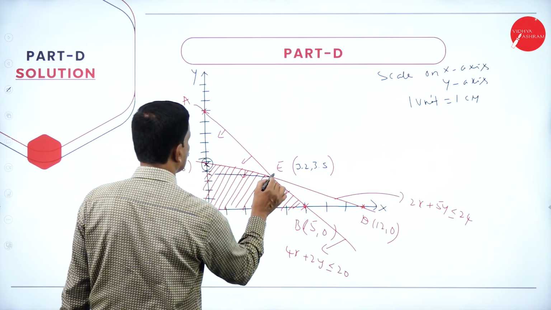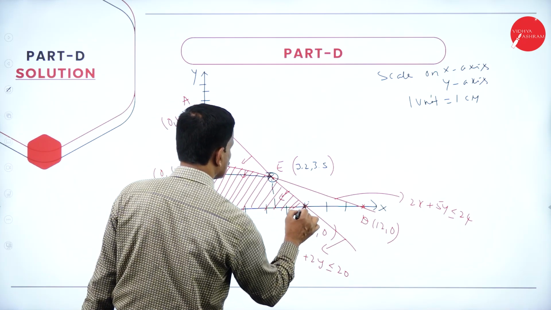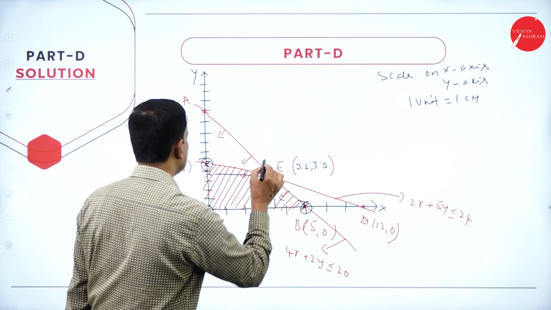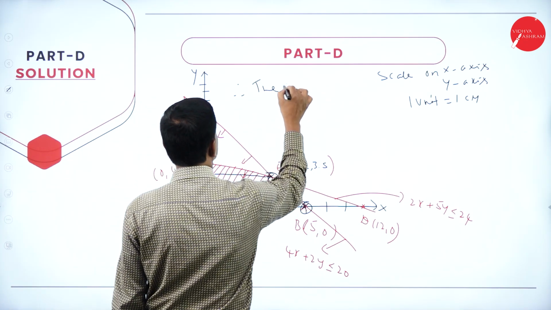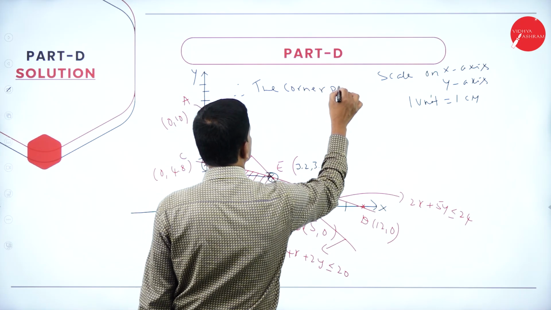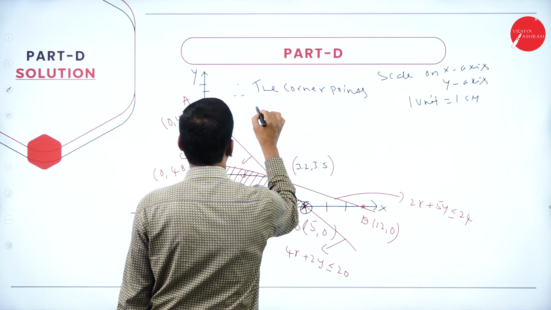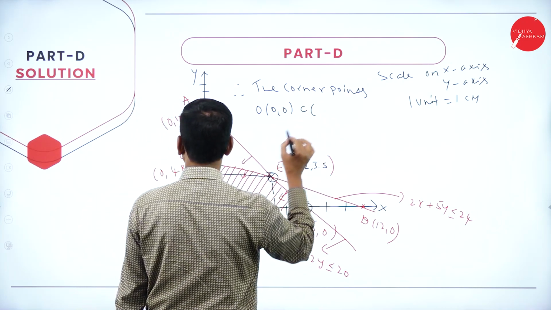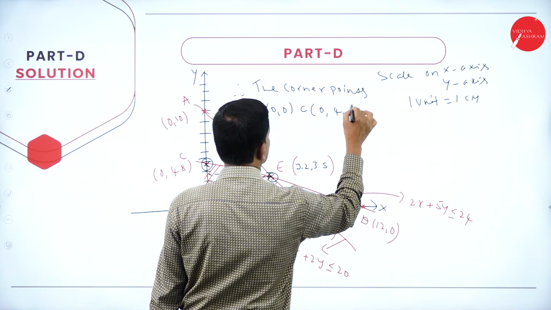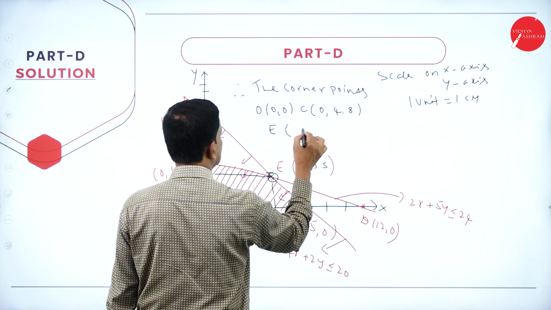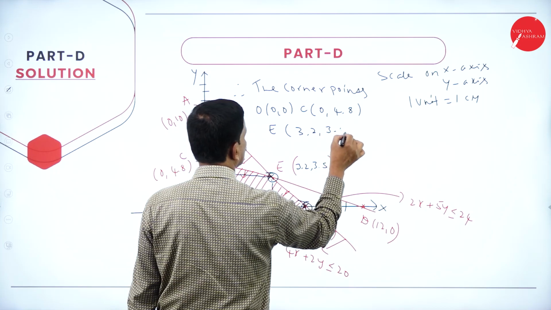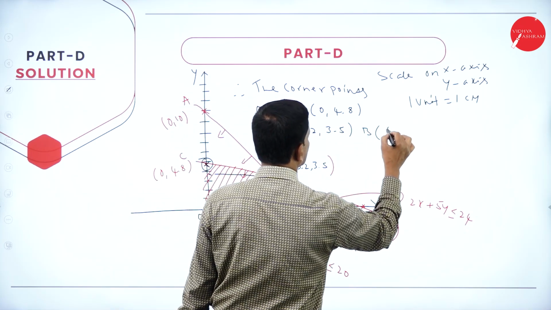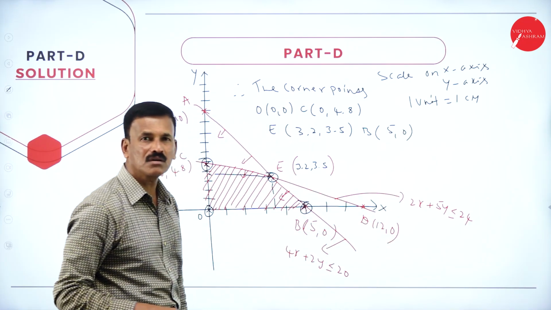These are the corner points: O, C, E and B. Therefore the corner points are O, 0 comma 0, then C, 0 comma 4.8, E is 3.2 comma 3.5 and B is equal to 5 comma 0.